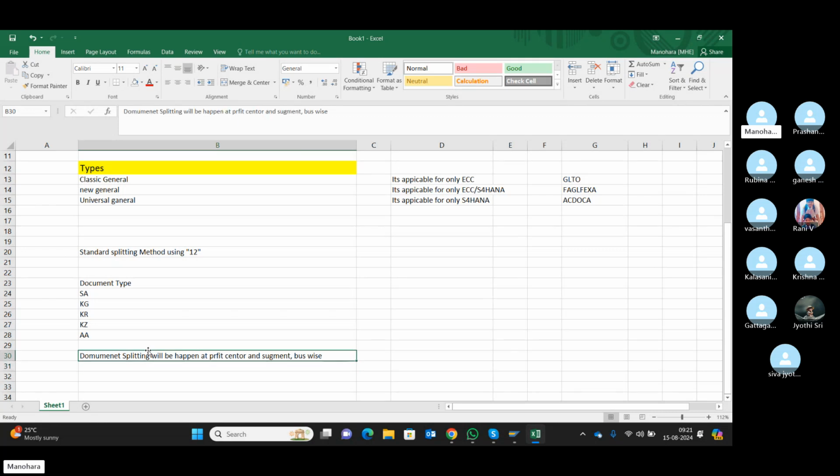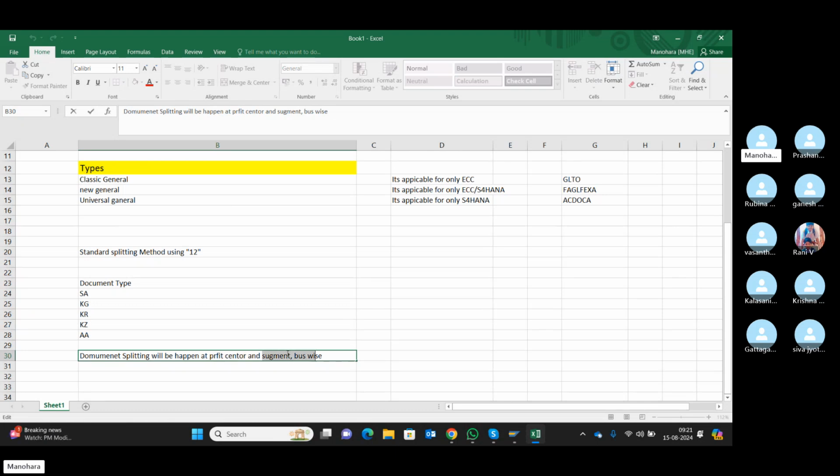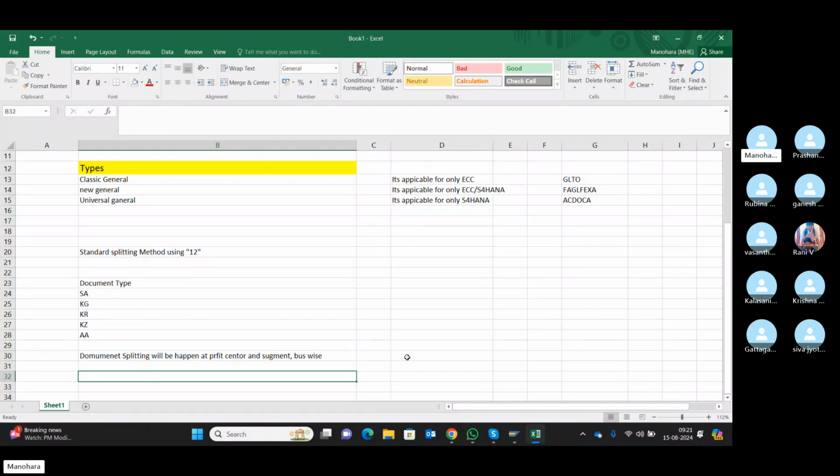Profit center is mandatory, there is no option here. Segment and business are both optional. If you want to split the line items segment-wise or business-wise, you can, but without profit center, document splitting will not happen.